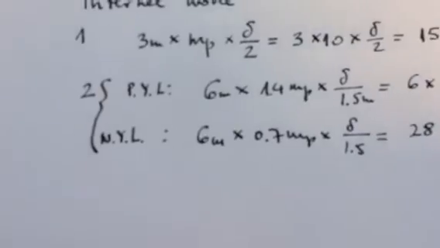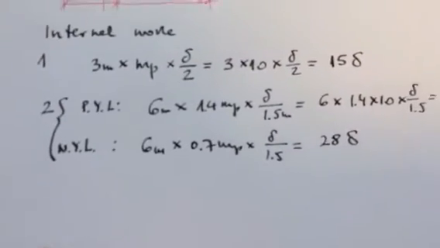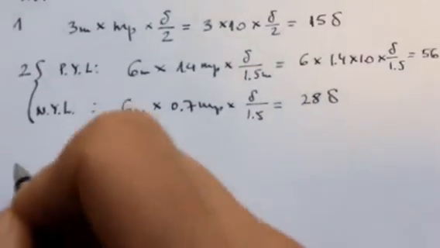So both positive and negative lines need to be taken into account for element 2.